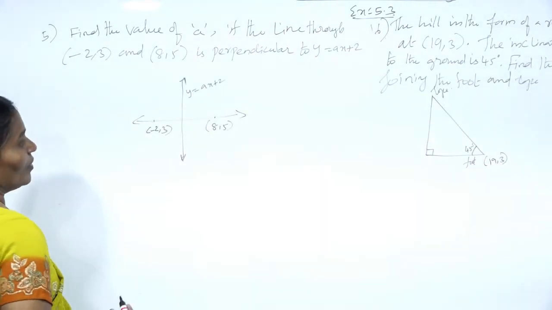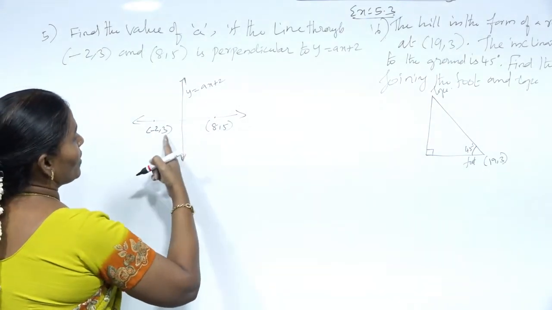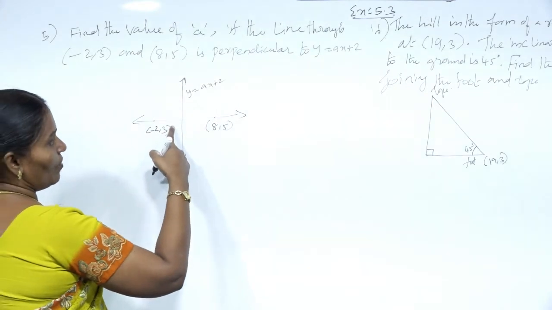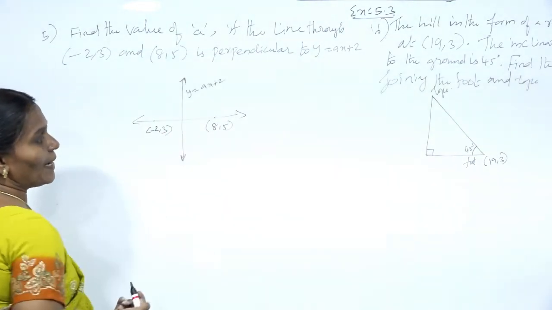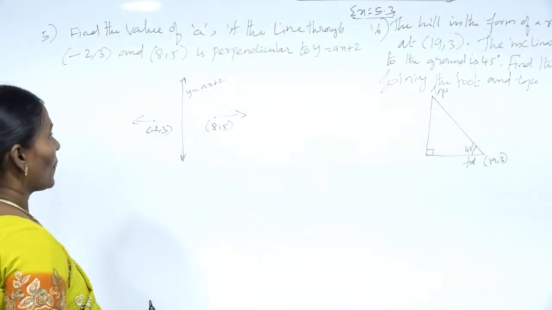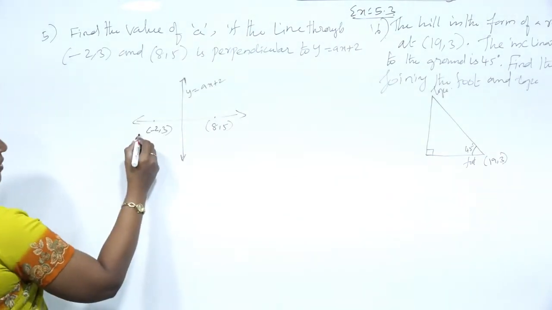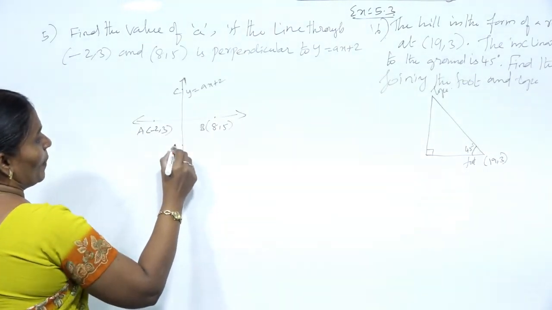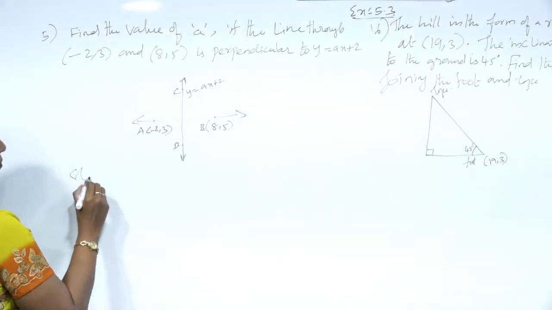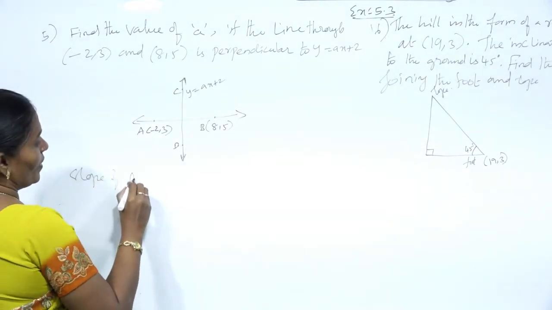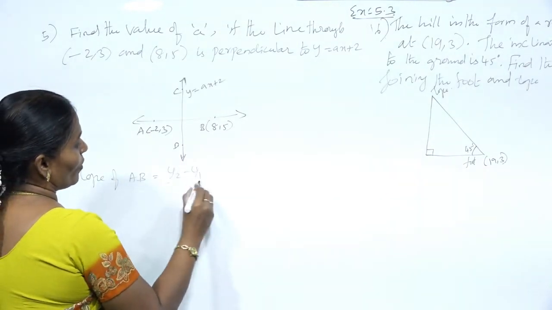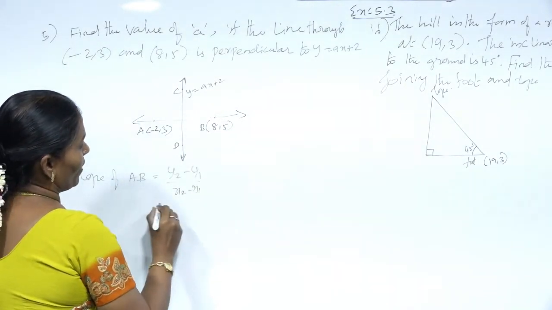Now see, here 2 points are given in this line. First you have to find out the slope of this line. So you consider this is AB line, this is CD. So slope of AB is equal to, formula, y2 minus y1 by x2 minus x1.